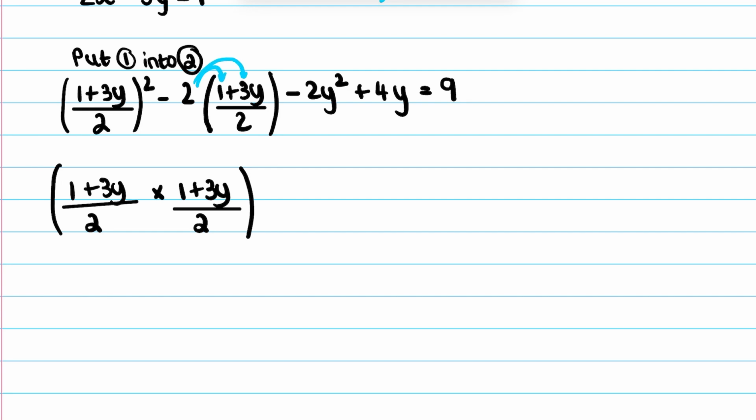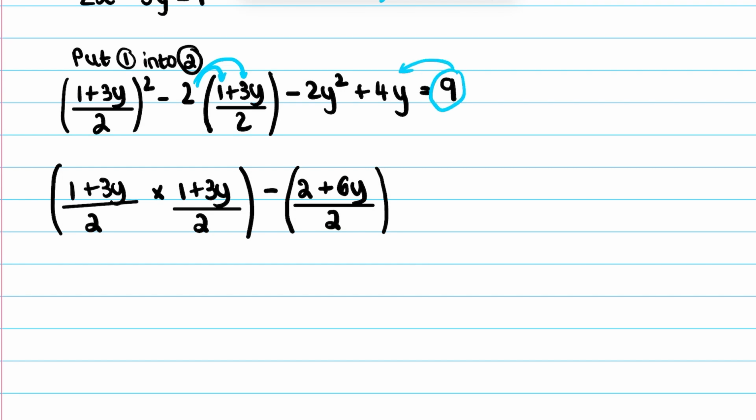I'm going to leave the negative for now, but I'm going to multiply the 2 in. So I'm going to write my negative, and then I'm going to say bracket 2 times 1 is going to give me 2. 2 times 3y is going to give me plus 6y. But then do not forget, it has to be over 2. And the way you work that out is this 2 is actually over 1, and your 1 times your 2 would give you 2. So then all you need to do is close your bracket and write the rest.